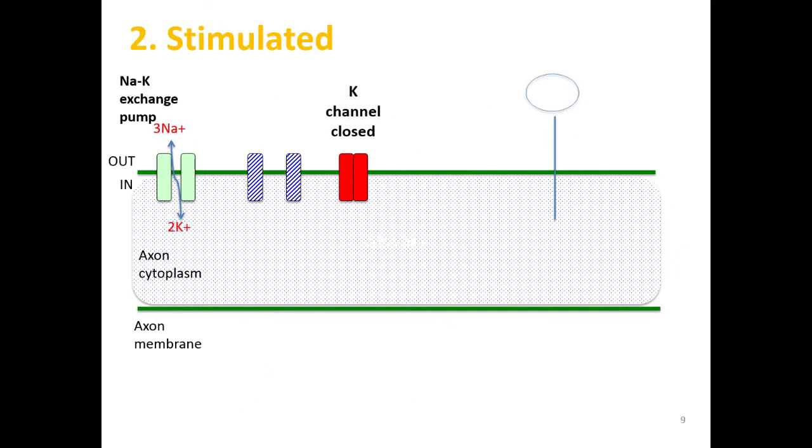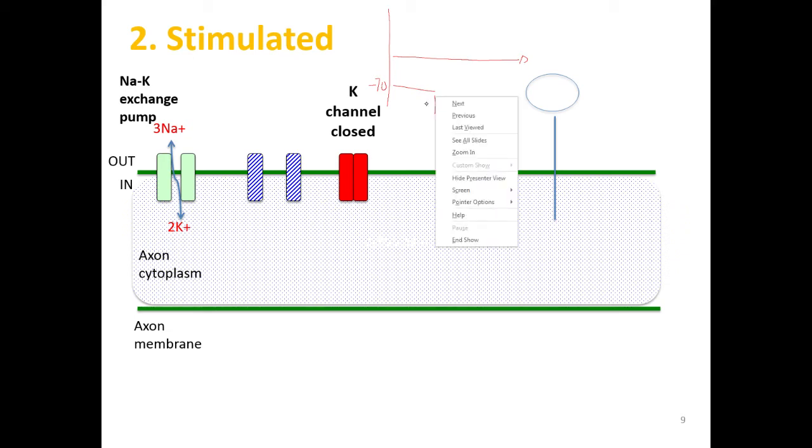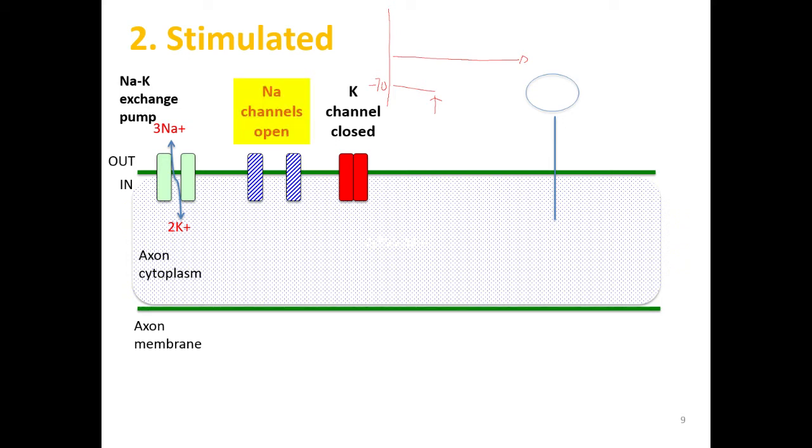Now, suppose that a strong stimulus arises. We apply a stimulus at this point. This causes the sodium channels to open suddenly and sodium ions to rush into the axon down their concentration gradient.